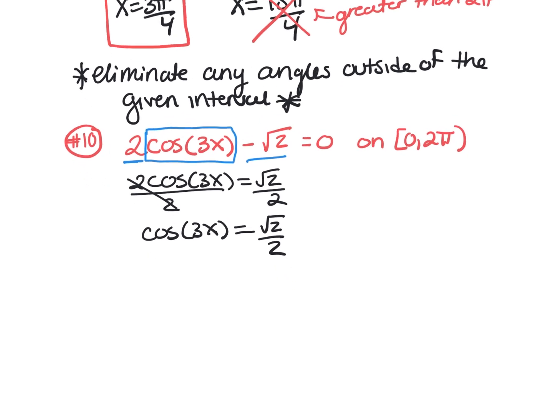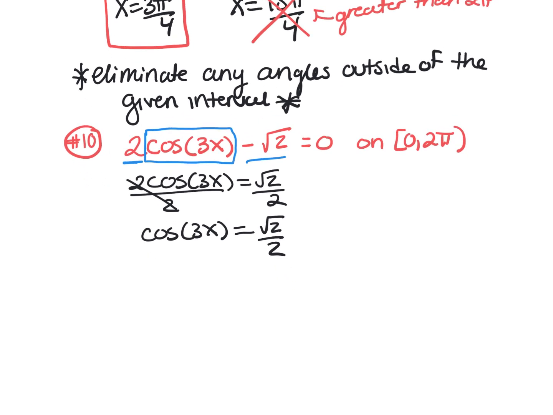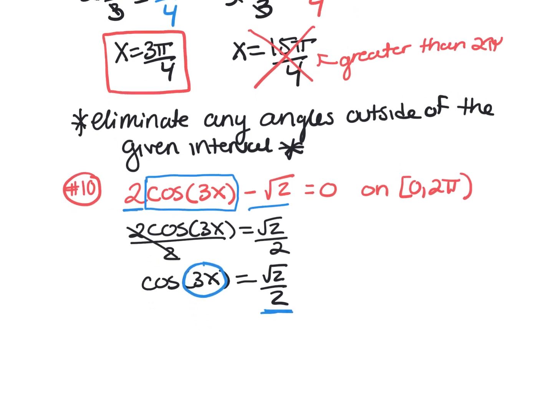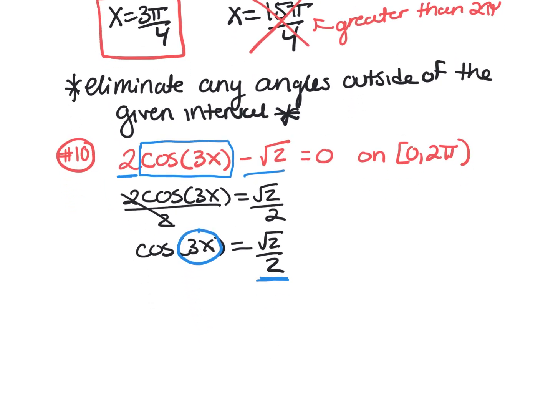So that means we do like what we did up here, where we take whatever is inside the trig function, and we set it equal to the angles that have a cosine of positive square root 2 over 2. So we'll have 3x equals pi over 4, which has a cosine of positive square root 2 over 2, and 7 pi over 4 has a cosine of positive square root 2 over 2.